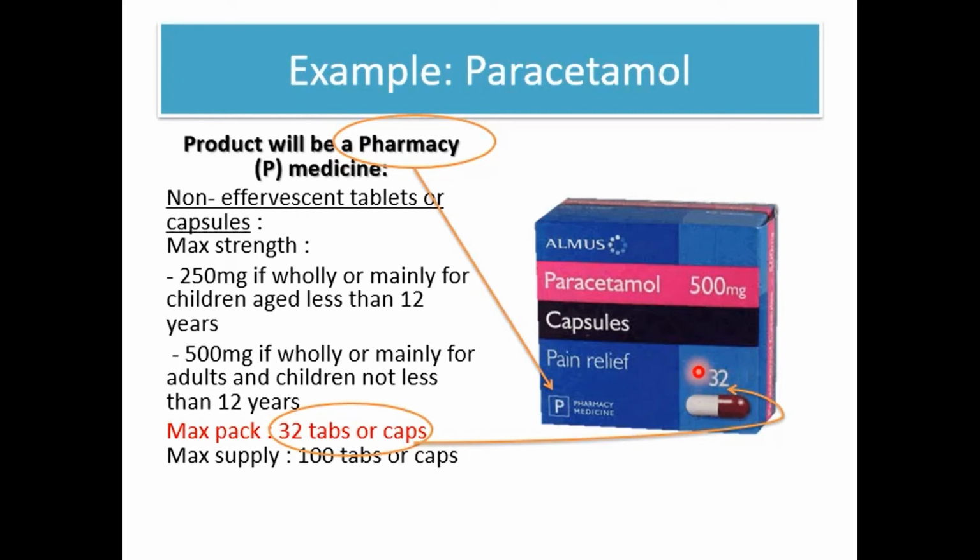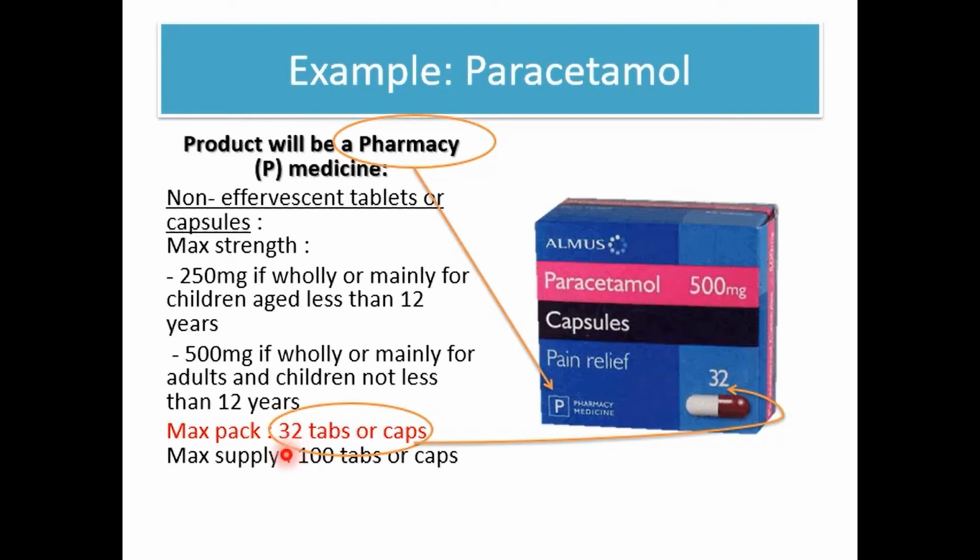So for example, if you're ever in a pharmacy, the packets of paracetamol that you can buy from behind the counter, i.e. the larger packets, will be pack sizes of 32. And then at the complete discretion of the pharmacist, the maximum supply that can be provided is up to 100 tablets, which is essentially 3 boxes, which makes it 96.